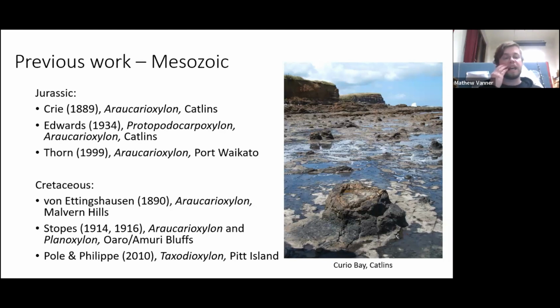In the Cretaceous, we have once again some reaching back into the late 1800s, von Ettinghausen working on Araucarioxylon from the Melbourne Hills, and Marie Stopes working on Araucarioxylon and Planoxylon from kind of the upper coast of the South Island. And we also have a more recent work by Paul and Felipe on the Taxodioxylon of Pitt Island, part of the Chatham Islands.